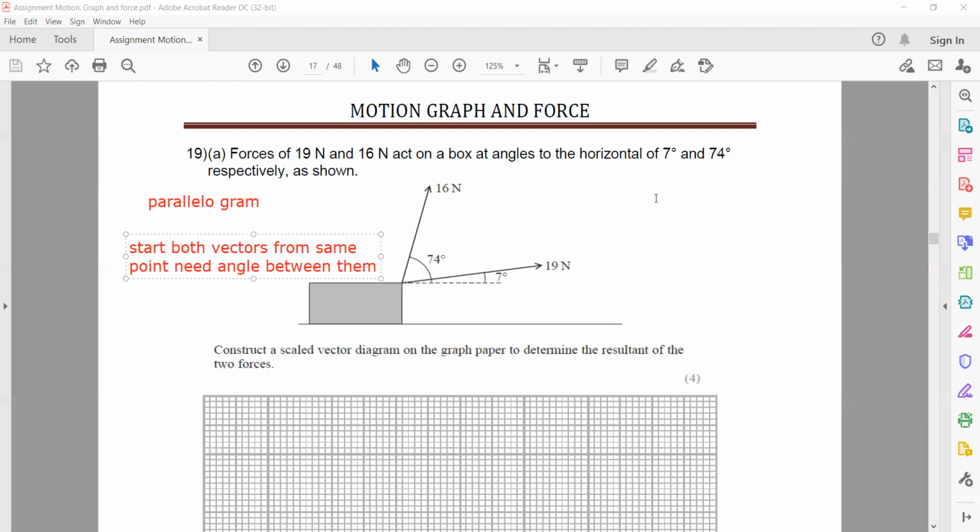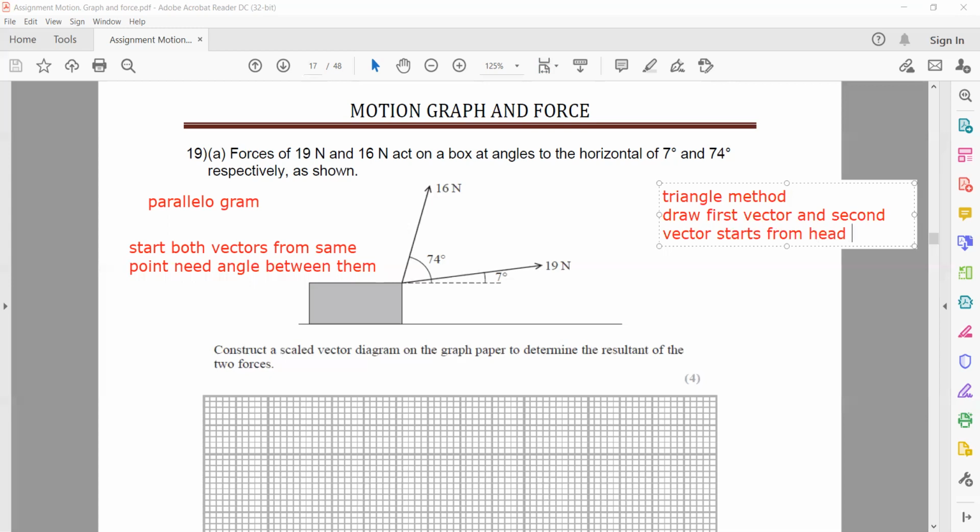And if we use a triangle method, then we will draw the first vector and the second vector starts from the head of the first vector. And in this case, we don't need the angle between them.